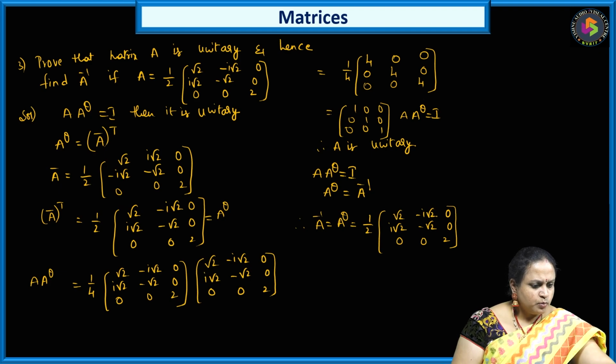Now, let us move on to the next topic. That is, before going to the rank of a matrix, we need to know a few things. What are the elementary row operations? What are the operations which we are carrying out on rows?